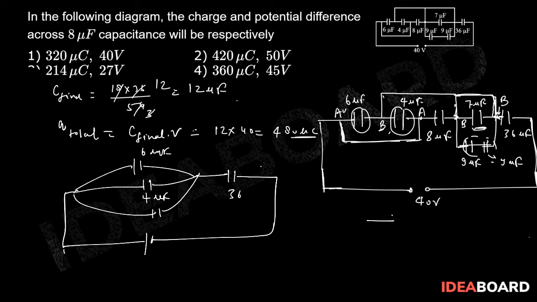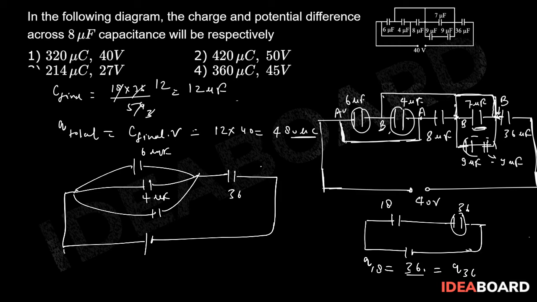Both capacitors, 18 and 36, are in series, which means these two will have the same charge, because in series the charges are the same. That means Q at 18 will also be 480, and Q at 36 microfarad will also be 480 microcoulomb.